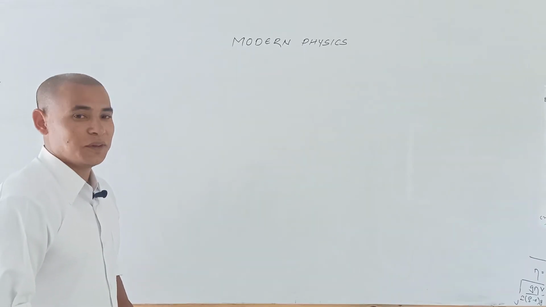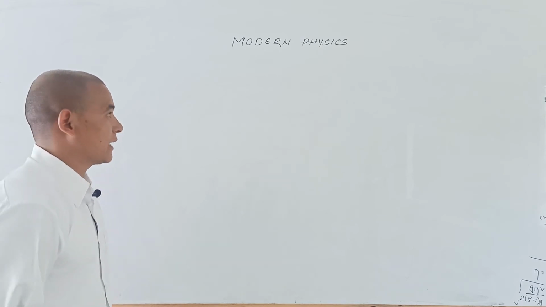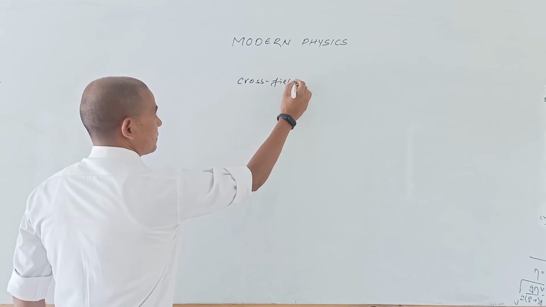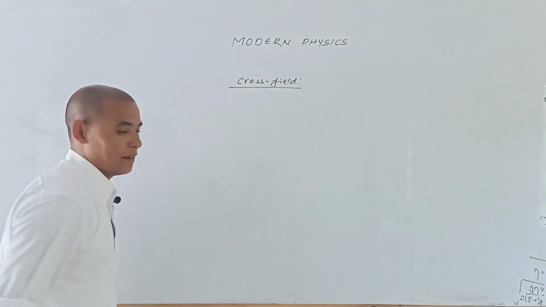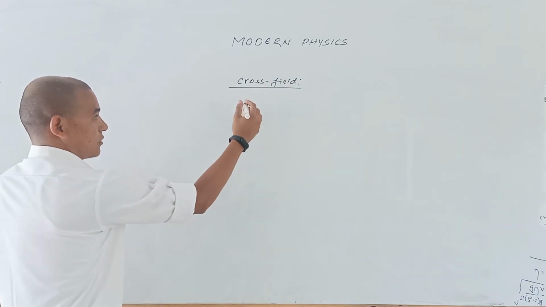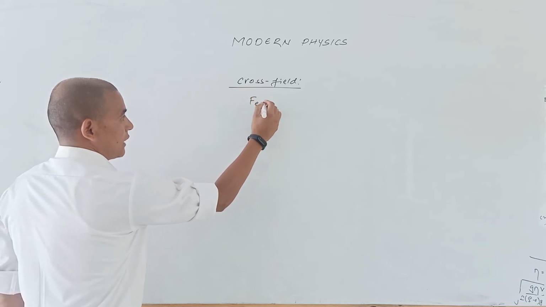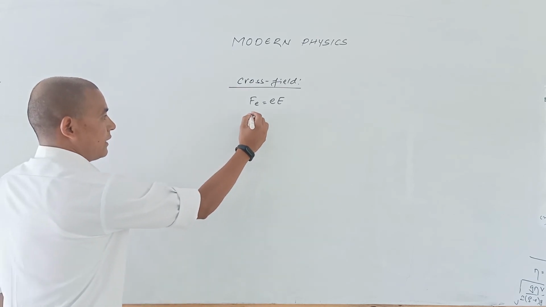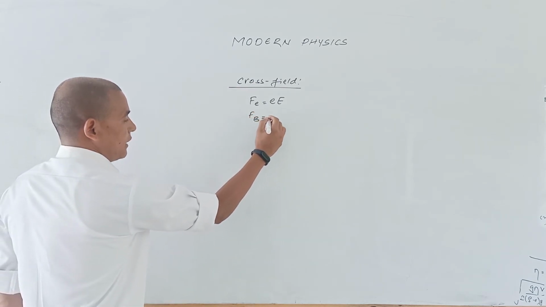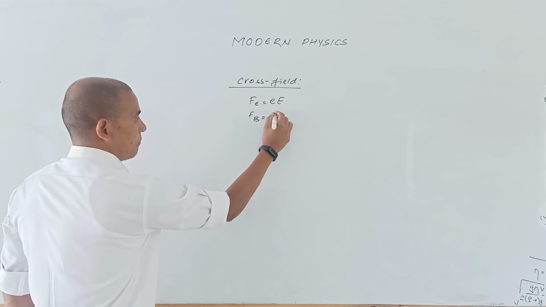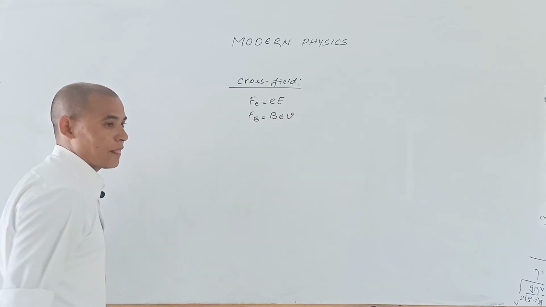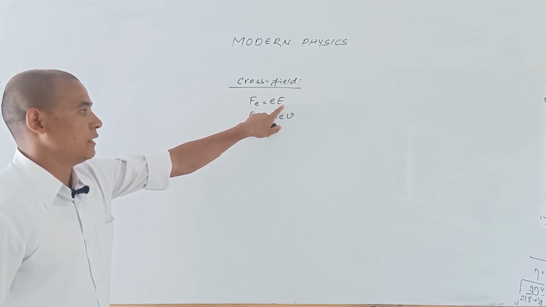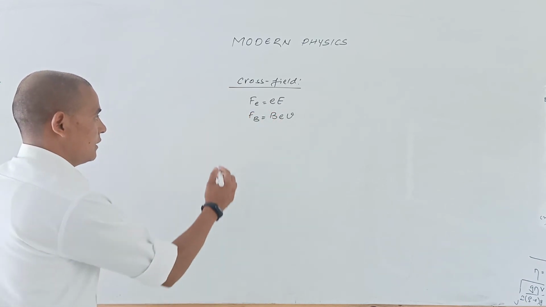When an electron moves inside both the electric field and the magnetic field, it is known as a cross field. We can also derive the formula in this cross field. The force due to the electric field is given as F equals eE, and the force due to the magnetic field is given as Bev. Here e is the charge of an electron, E is the electric field, B is the magnetic field, and v is the velocity.